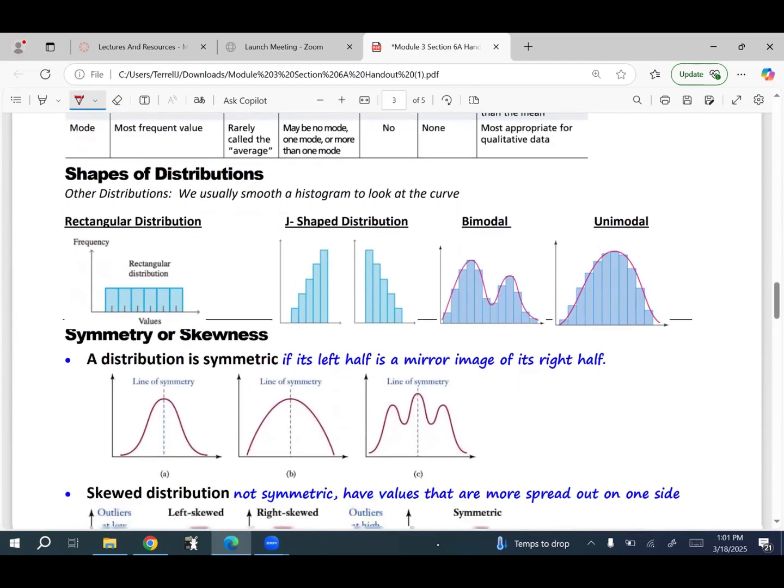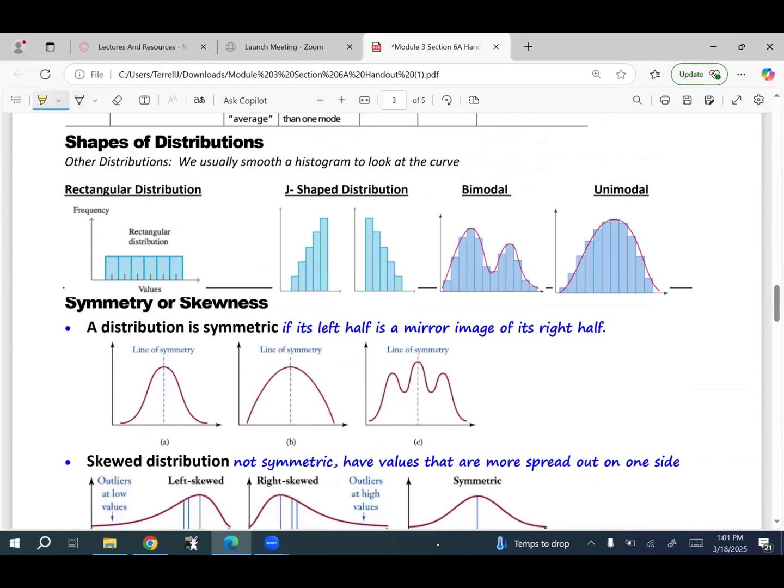Okay, I want to direct your attention to distributions. Another word for distributions is shape, the shape of your data. And so typically we can see the shape of data when we put our data into a bar graph. I wrote the word histogram here. Histogram means bar graph. So when you have a table or a graph, such as a bar graph, you can easily see the shape of the data.